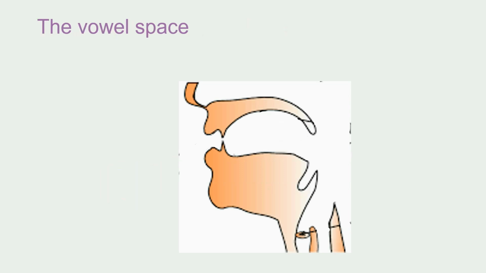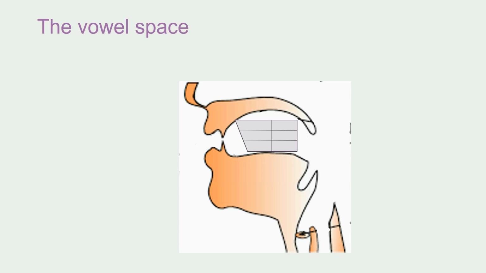Now, of course, it's quite difficult to represent exactly the shape of the tongue inside the oral cavity. You don't want to draw something like the side of John's head every time you want to represent what's happening with your tongue. So linguists tend to simplify things.